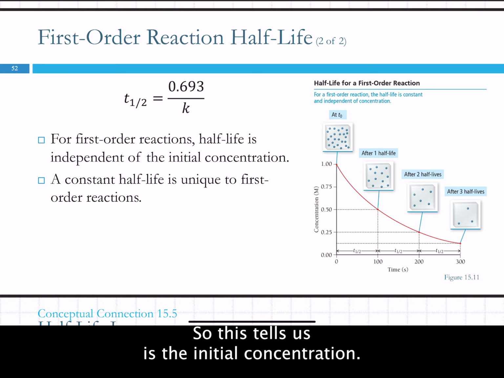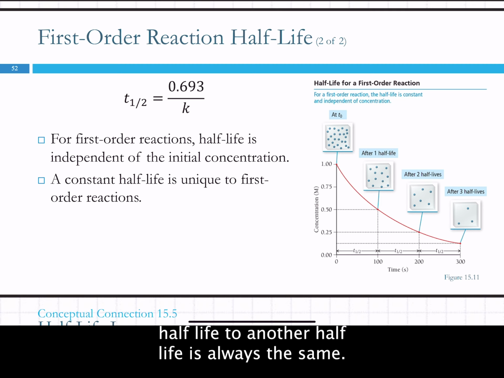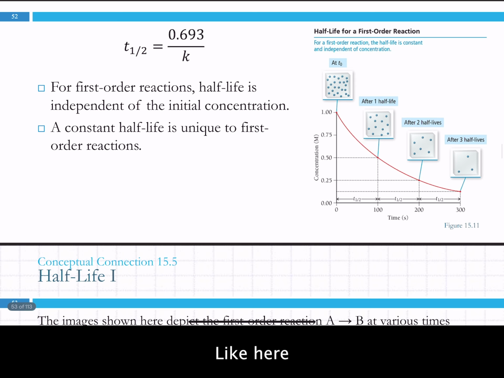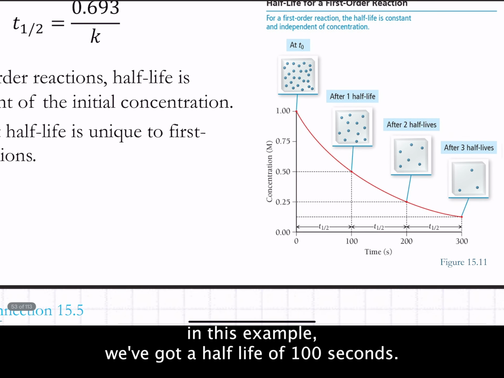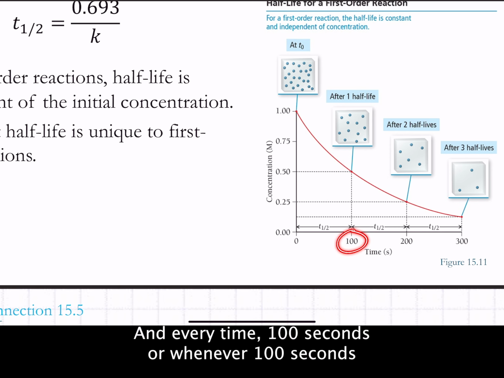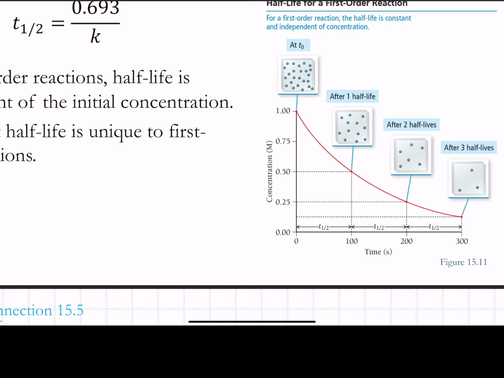So what this tells us is the initial concentration doesn't matter for half-life if it's a first order reaction. The amount of time it takes to go from one half-life to another half-life is always the same. Like here, in this example, we've got a half-life of 100 seconds. And every time 100 seconds passes, I end up with half of what I had before that 100 seconds.